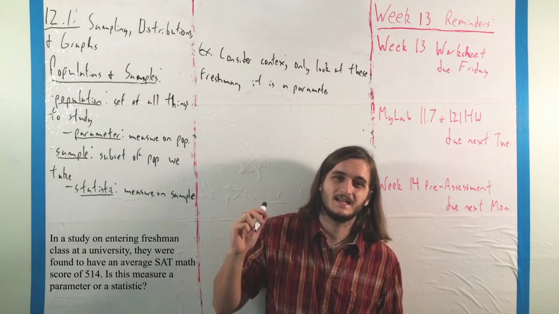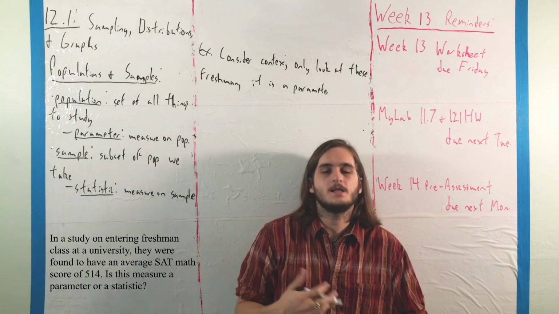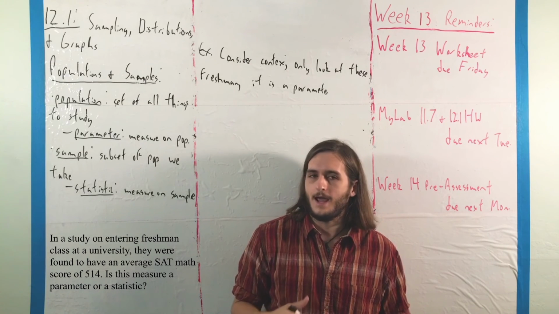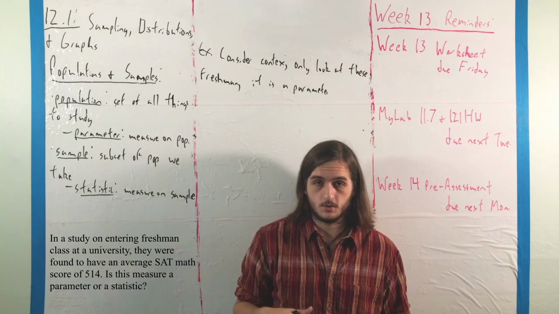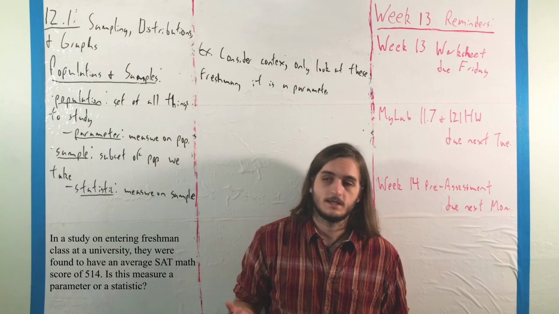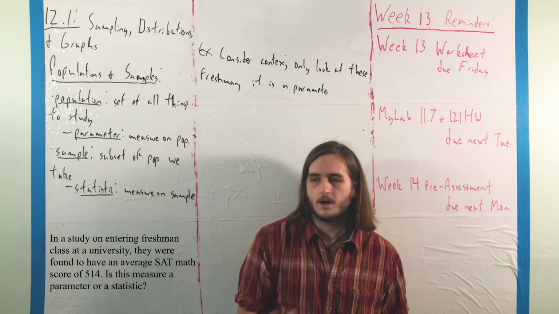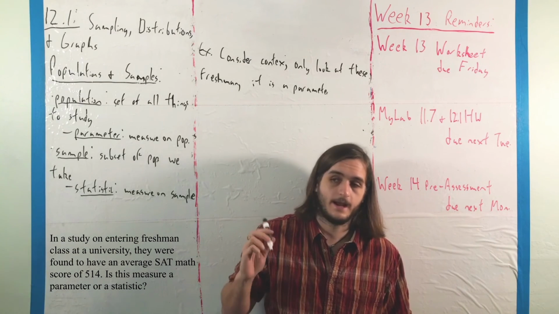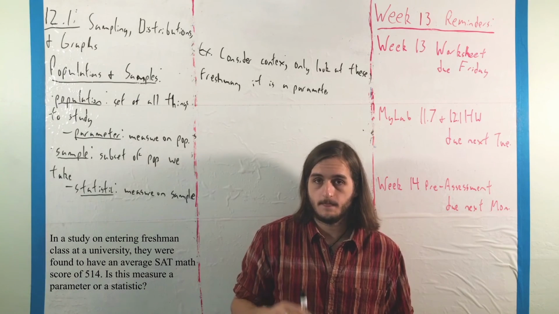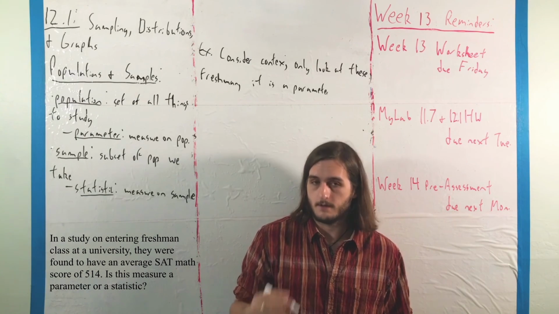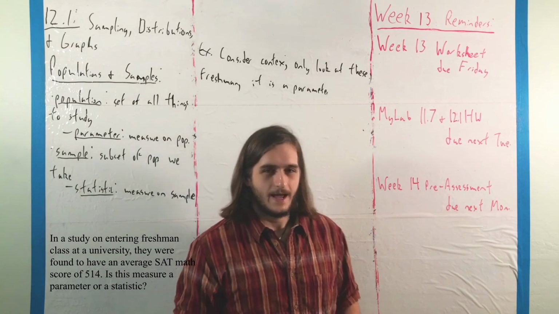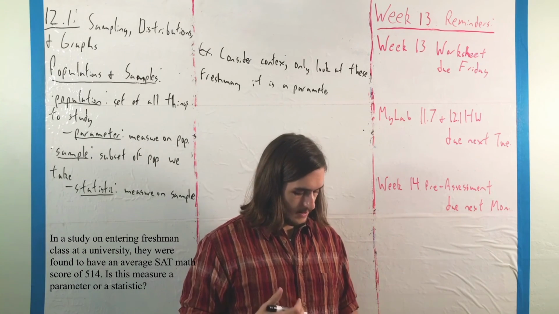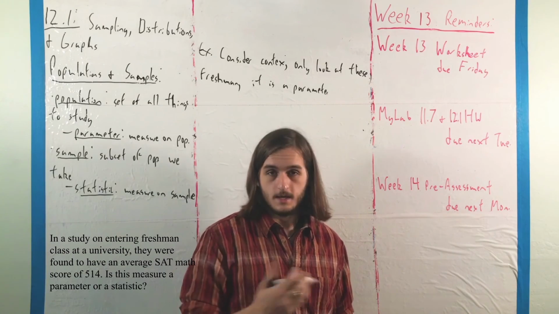But because we're not presenting those students in any larger context than just being freshman students at that school, and we're not saying we're going to take 50 of them that walk into the door at any given time, we're taking all of them, that average of 514 is a parameter. And we'll talk more about how to get averages, what an average really means when we talk about measures of central tendency in a little while.